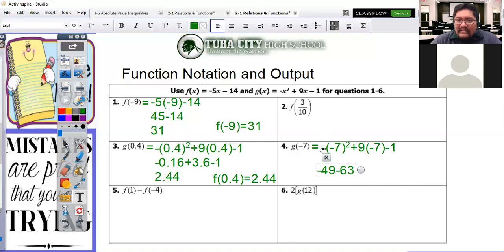And 9 times -7 is -63 minus 1. And in this case, let's see. They're all negative, so my calculator cannot keep track of negatives, so I'm going to just add all of these up. So it looks like we get 113 or -113.